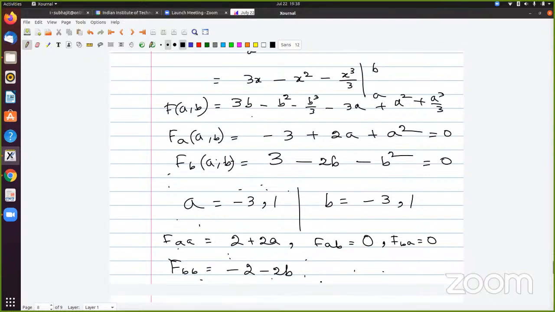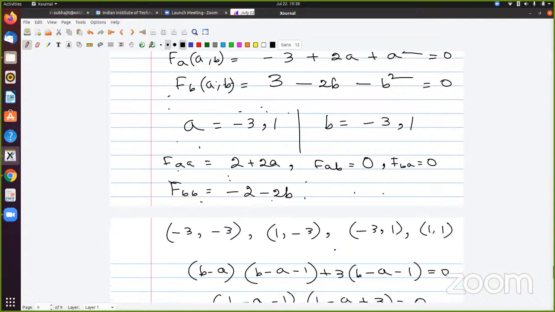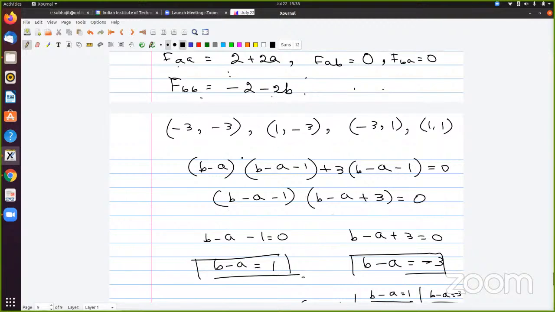Yeah, correct. Now 4 points are there: minus 3 comma minus 3, 1 comma minus 3, minus 3 comma 1, and 1 comma 1. All these 4 points are there. For these 4 points you have to check the conditions, right? So let me delete this page.